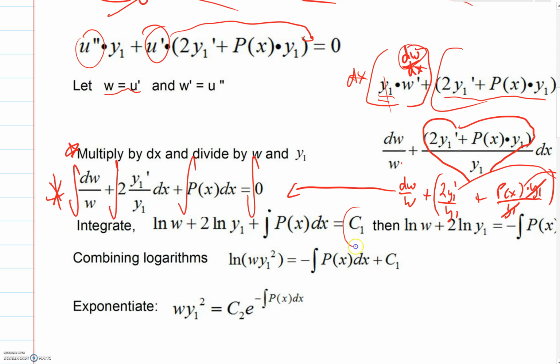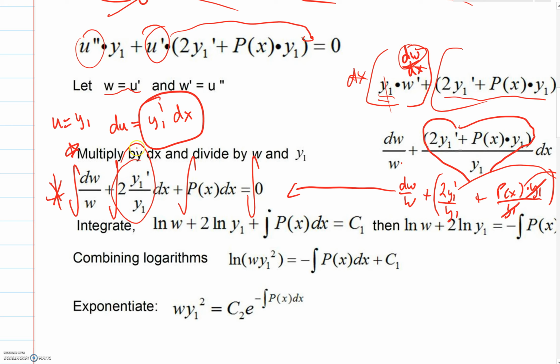The integral of 0 is a constant. That's a c1. Here we've got an integral of p of x dx. This middle one, we could do a quick u substitution. Let u equal y sub 1, and then du would be, let's see here, y sub 1 prime dx.